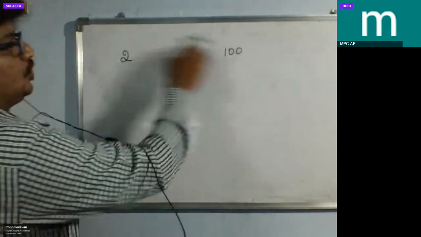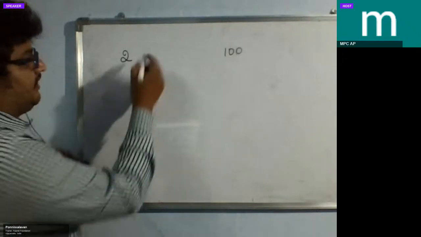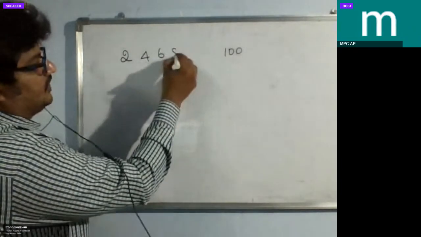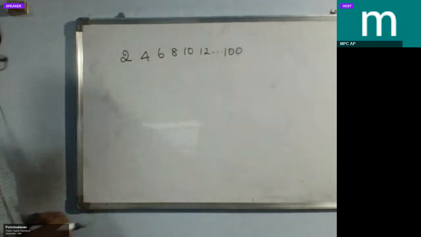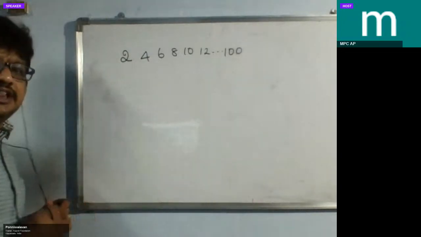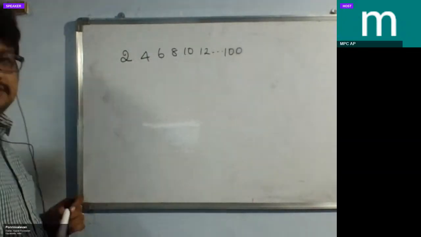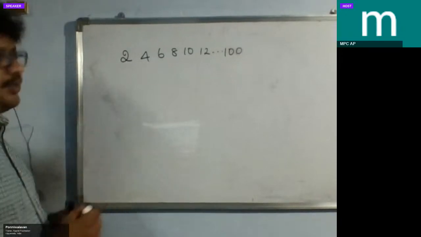So from 2 to 100 they are asking average. So it is 2, 4, 6, 8, 10, 12. It goes on like this. Is it arithmetic progression or not? Yes, it is arithmetic progression.